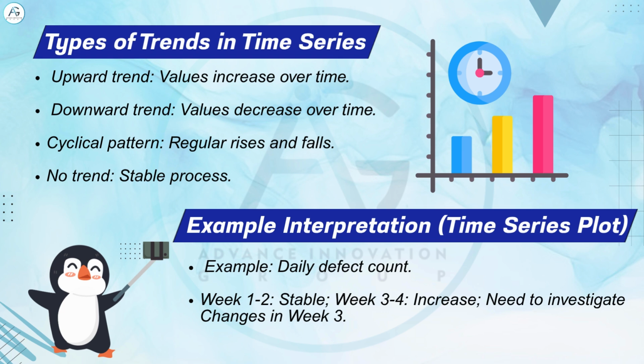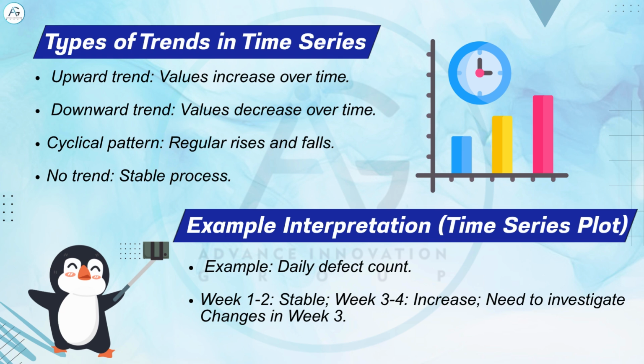A cyclical pattern appears as regular rises and falls, often linked to things like work shifts, seasons, or weekly workload patterns. And no trend means the process is stable, with values randomly scattered around a consistent level. This is what we usually hope for in a controlled process.